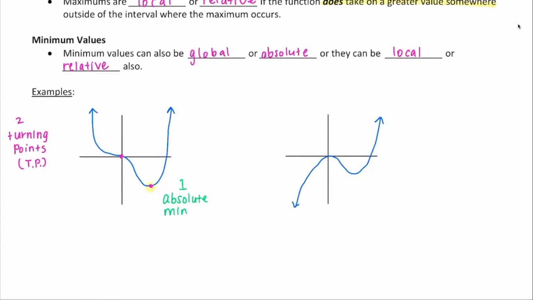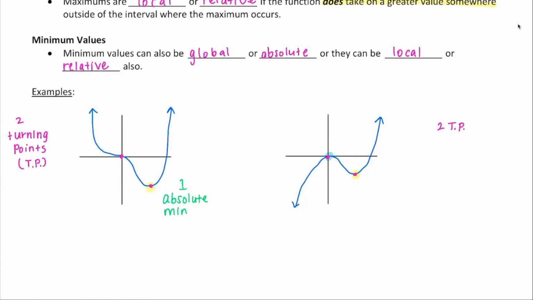We have, let's see, 1, 2 turning points, so 2 TPs. And I see we have a max here and we have a min here. So they may not be an absolute max and min. And I can tell because if I kind of look at the rest of my function, I can see that there are places where the function is greater and there are places where the function is less.